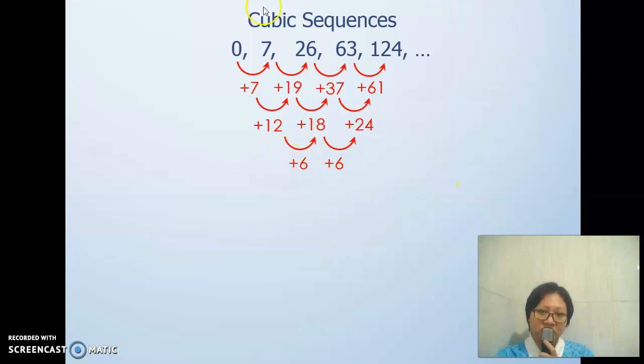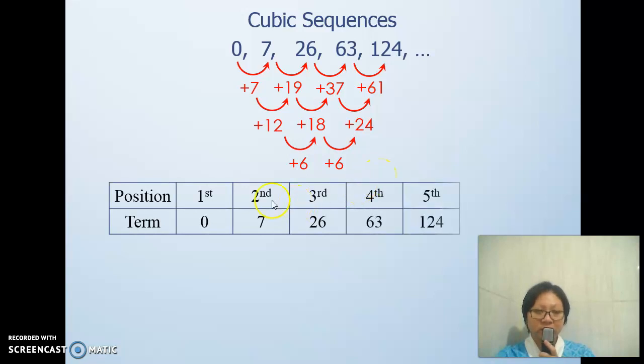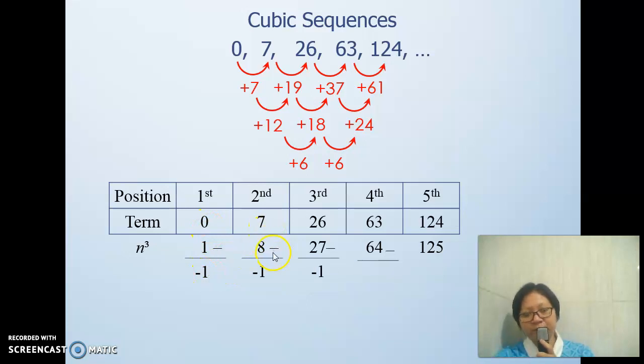So this sequence has third degree. So we are going to use cube numbers. Let me use a table so I can see both the position and the term. Under the terms, write down the cube numbers according to the position. And then find the difference. 0 minus 1 is minus 1, 7 minus 8 is minus 1, and so on.